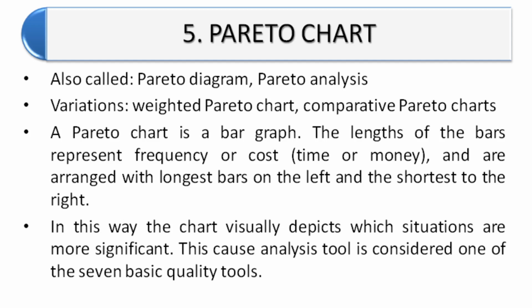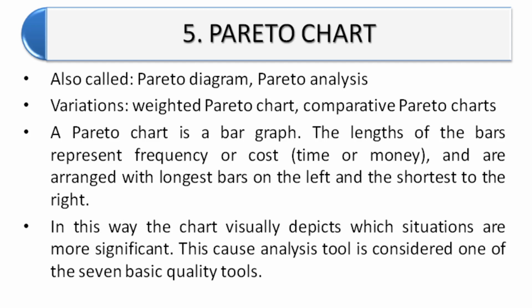So a Pareto chart is a bar graph, and the length of the bar represents frequency or cost, or also time or money, any data you can put there. It is arranged with the longest bar on the left hand side and the shortest on the right hand side, in descending order.